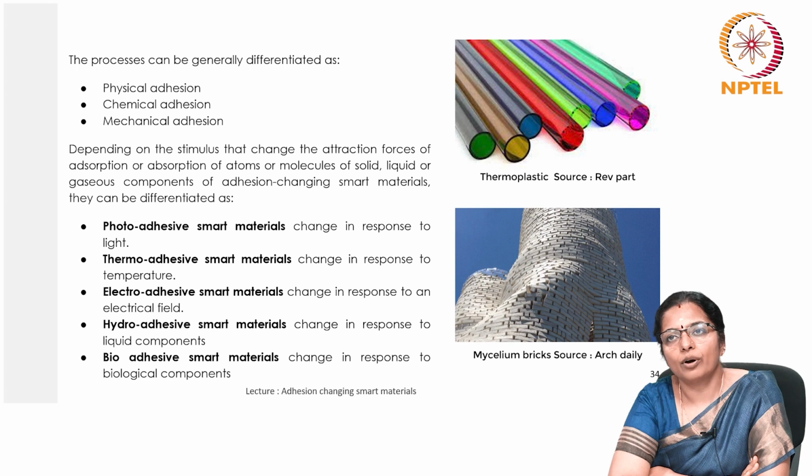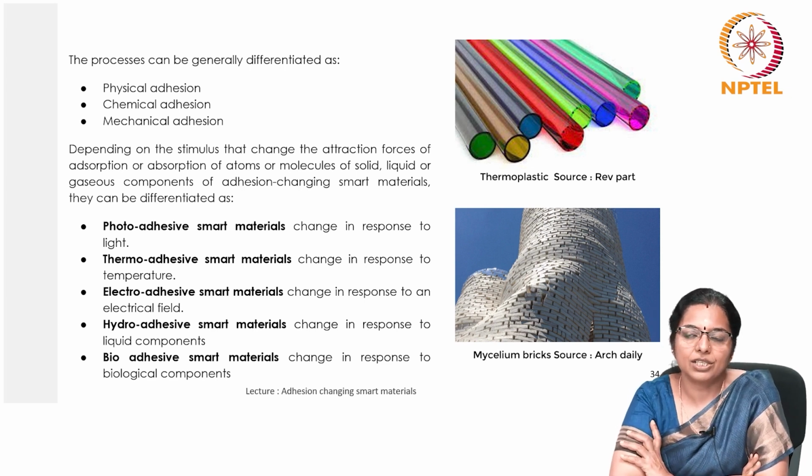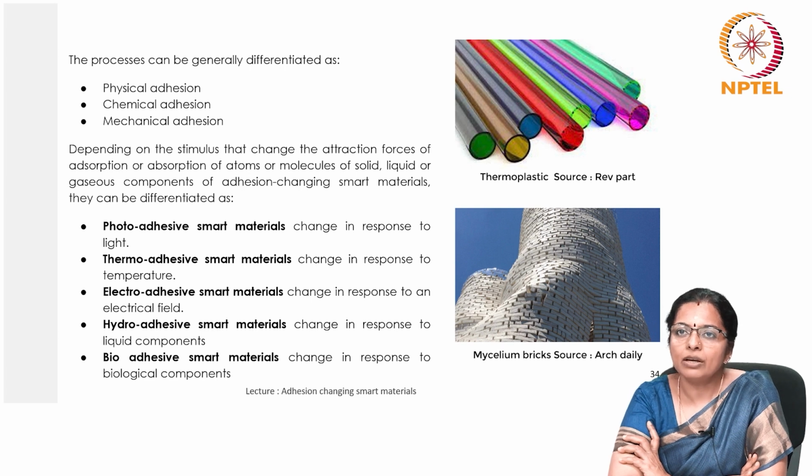So, chemical bonding provides the main attraction forces between different components. If we consider mechanical adhesion, these attraction forces arise mainly from interlocking, anchoring or intermeshing between different components.